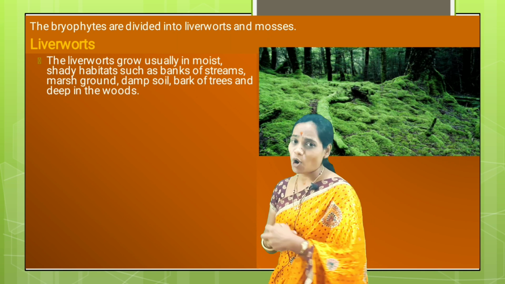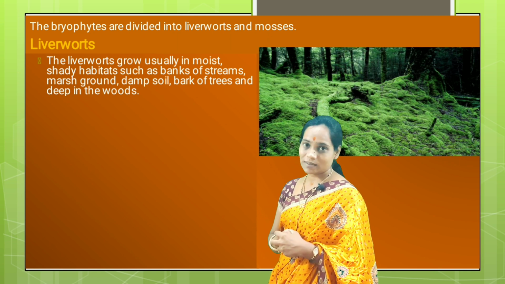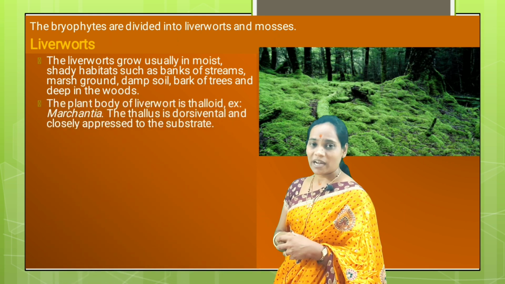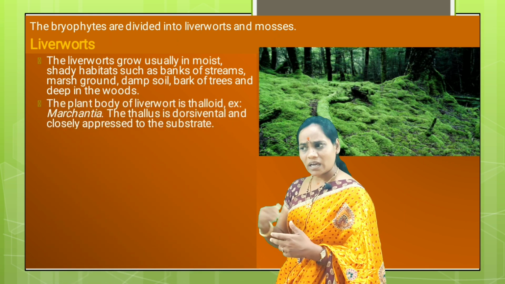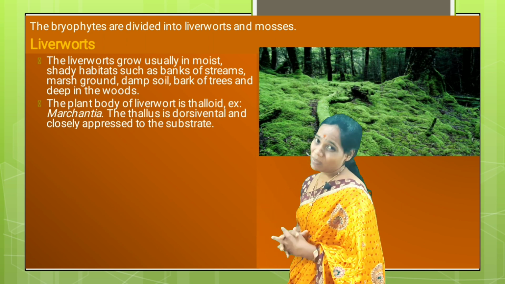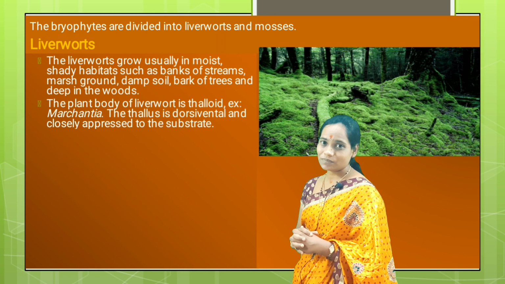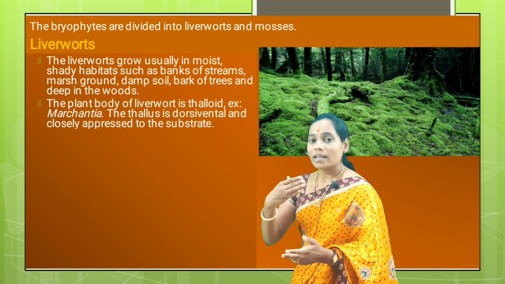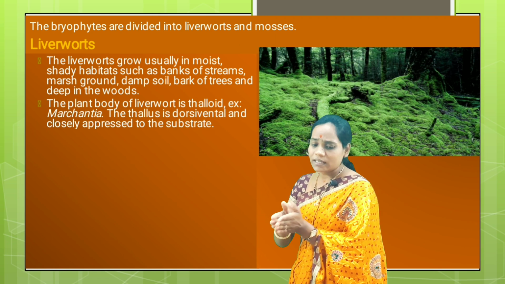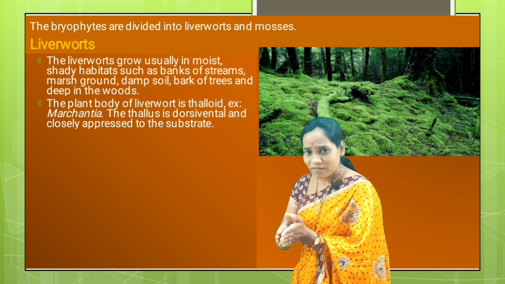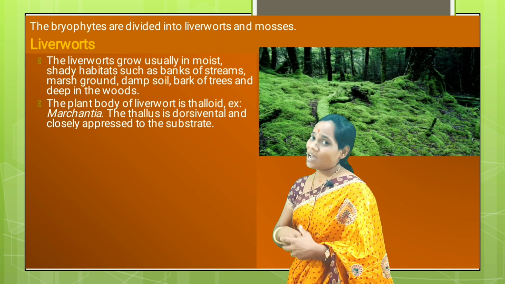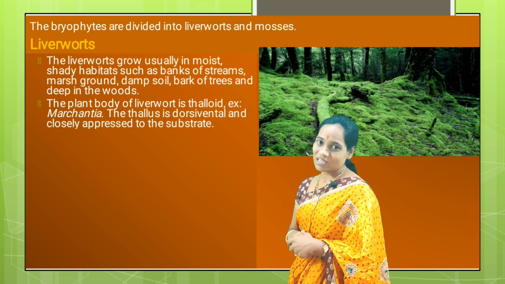And how is the body of liverworts? Some have a thalloid plant body and some liverworts are leafy members. Remember, there are some liverworts where some have a thalloid plant body and some are leafy members.